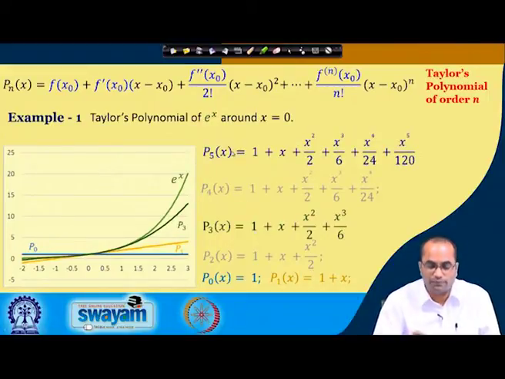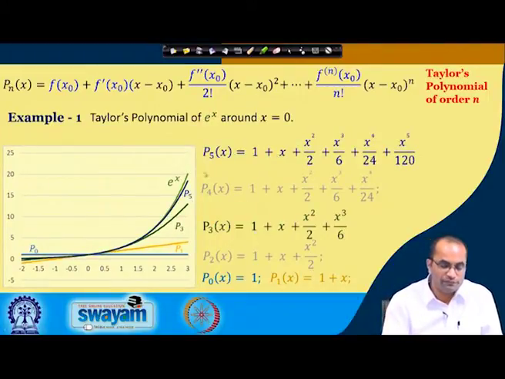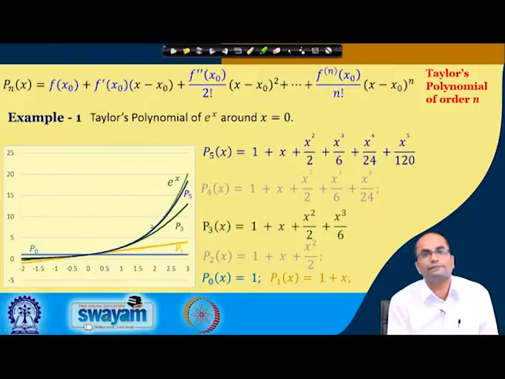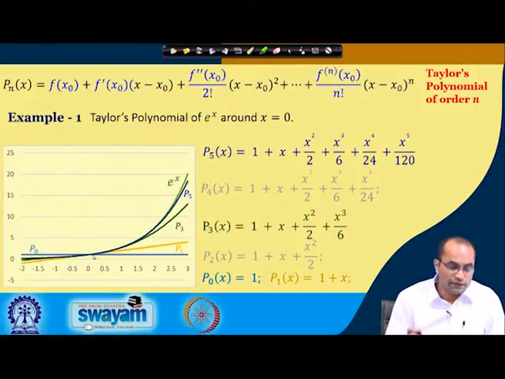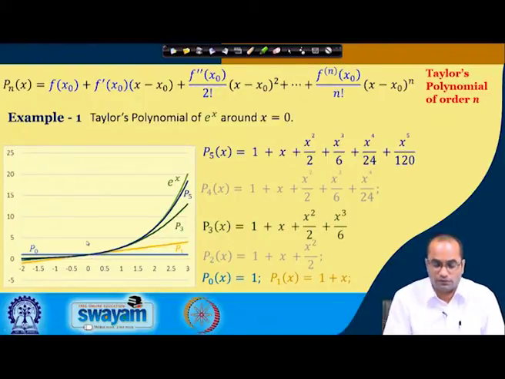So, we will get P 5. For example, if we plot here P 5, then this P 5, if you see, is pretty close to the exponential function in a very wide interval around this point 0, which was the point of this expansion here.